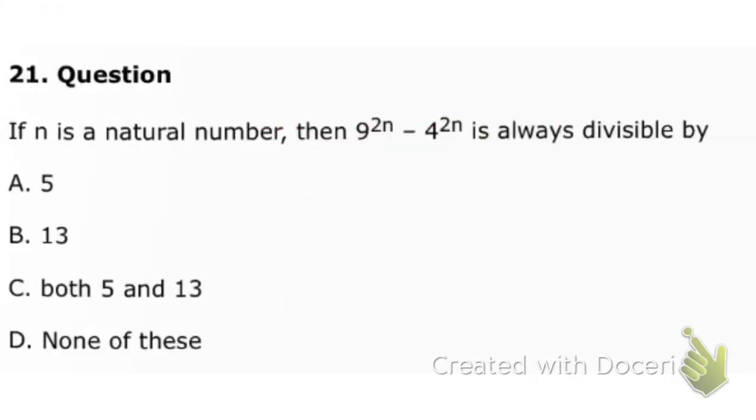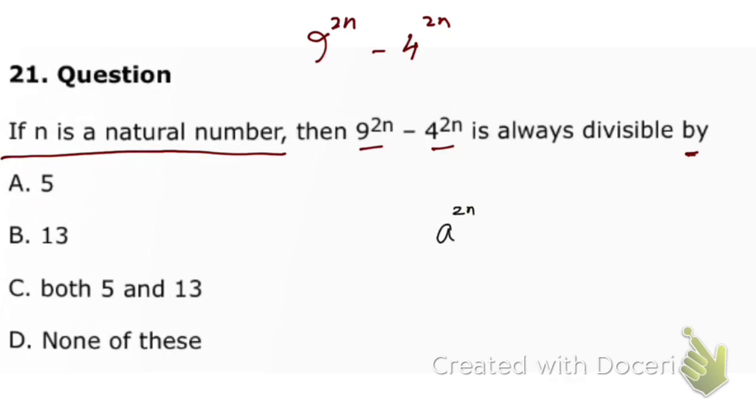So next question. N is a natural number, then 9 to the power 2n minus 4 to the power 2n is always divisible by. Now here you see, a number of the form a to the power 2n minus b to the power 2n is always divisible by a minus b and a plus b, right?